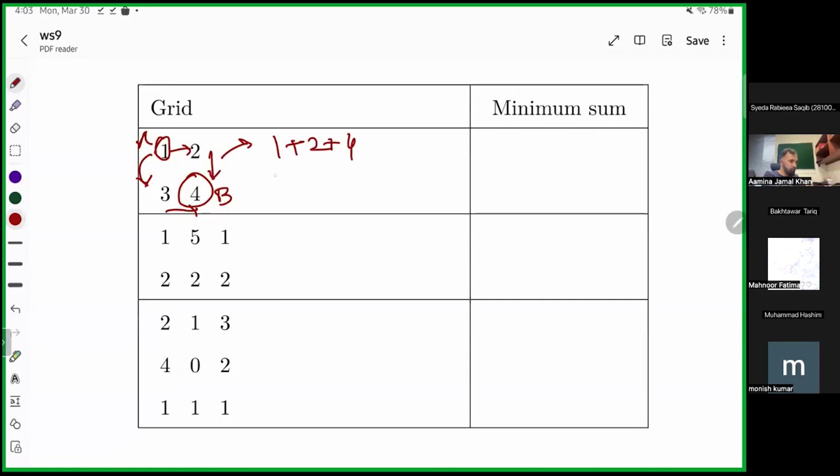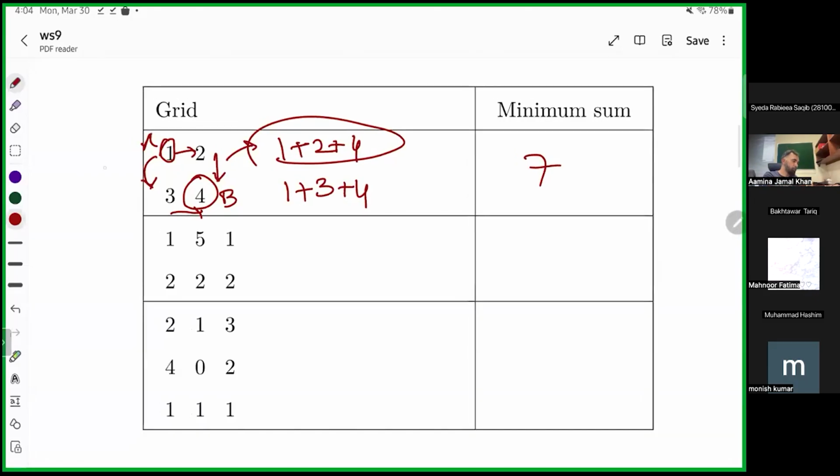In the second case, you have to pay 1 plus 3 plus 4. This seems like the more optimal path, so I would write 7 here. I hope it's perfectly clear to everyone why 7 is the cost to go from top left to the bottom right. Okay, cool. Try the next one.